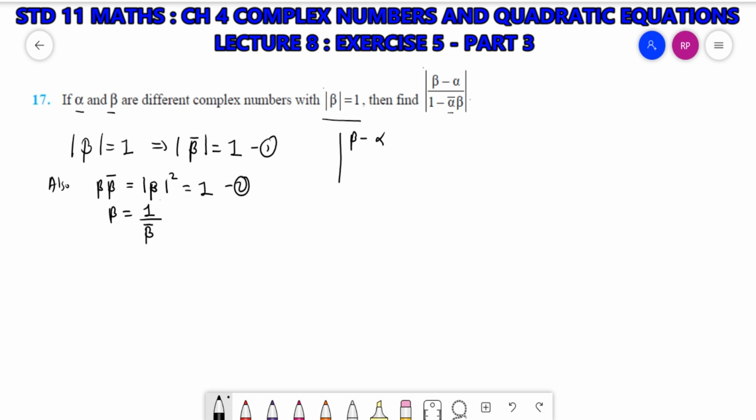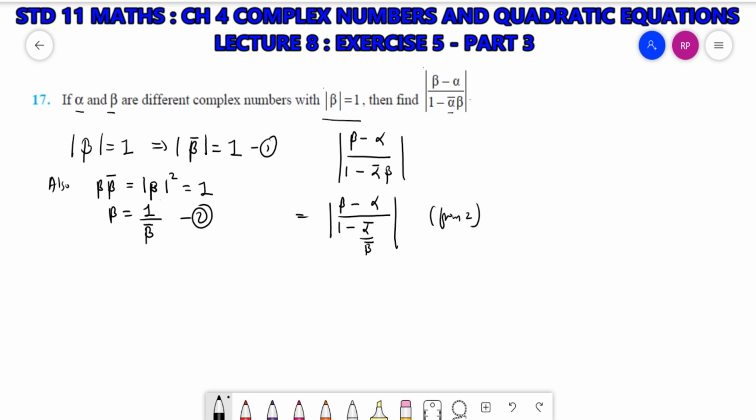Beta minus alpha upon 1 minus alpha bar into beta. So this will be equal to beta minus alpha upon 1 minus alpha bar into 1 by beta bar. This is from 2, because beta is equal to 1 by beta bar.